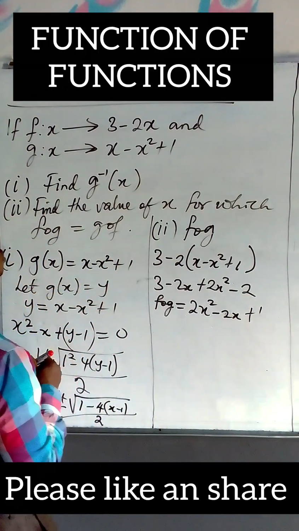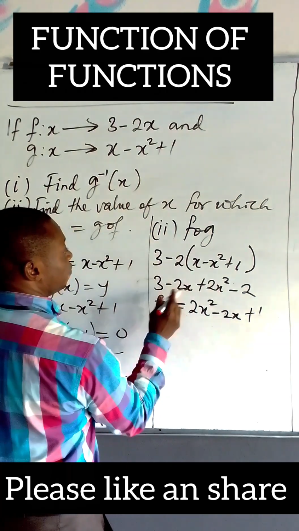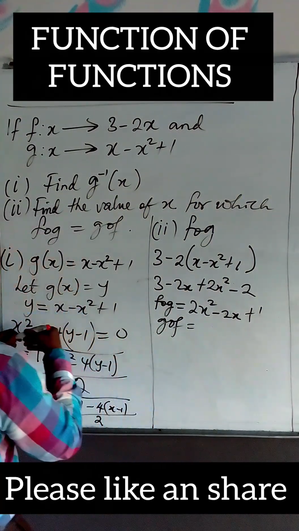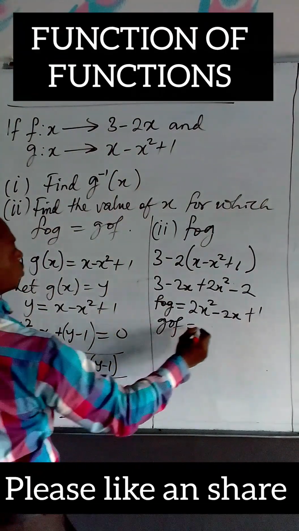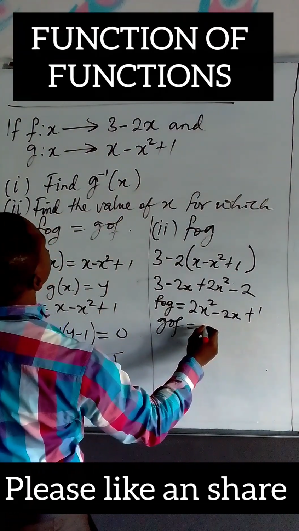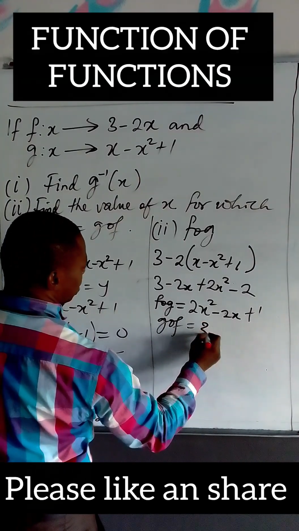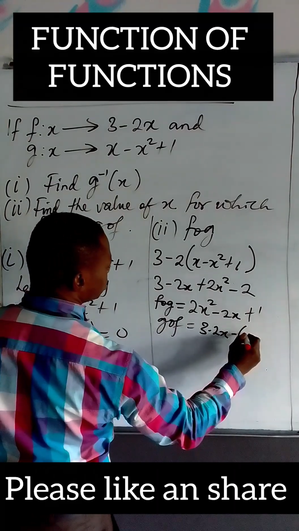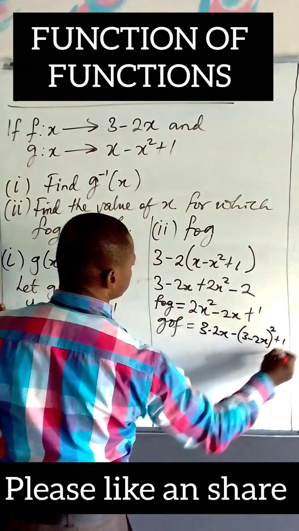So let's move quickly to g of f. This is g of f. That means the g function will take on the f function. That will give us 3 minus 2x minus, in brackets, 3 minus 2x all squared, plus 1.